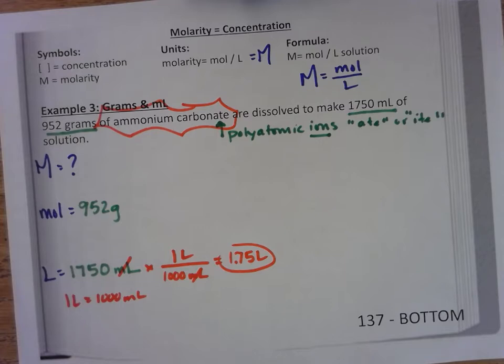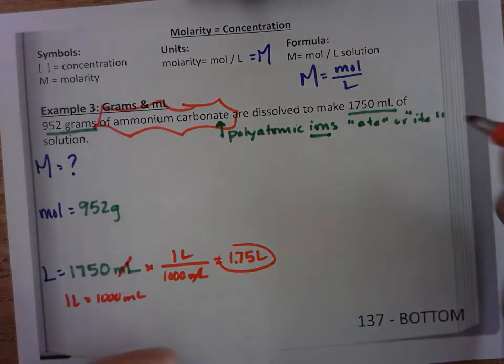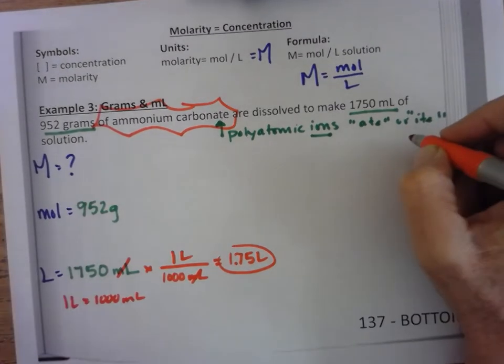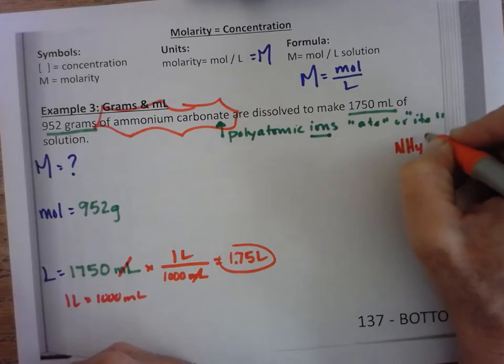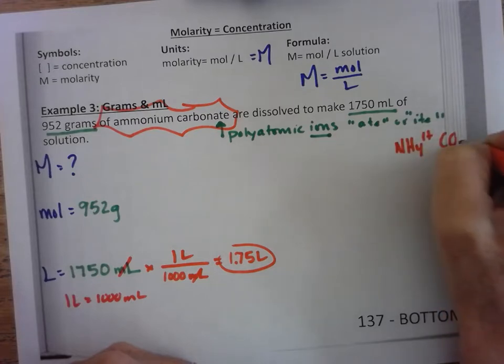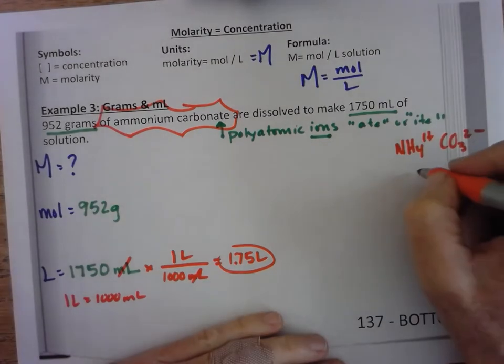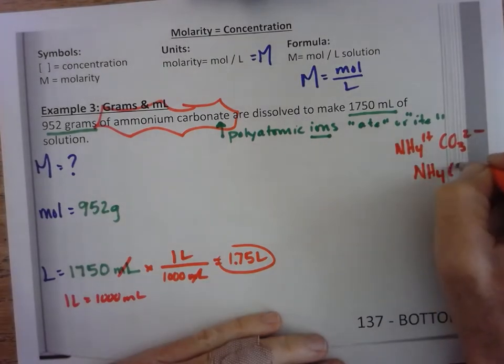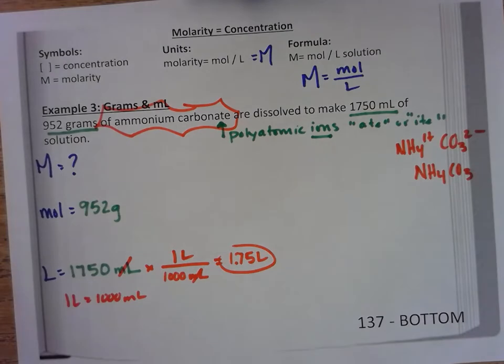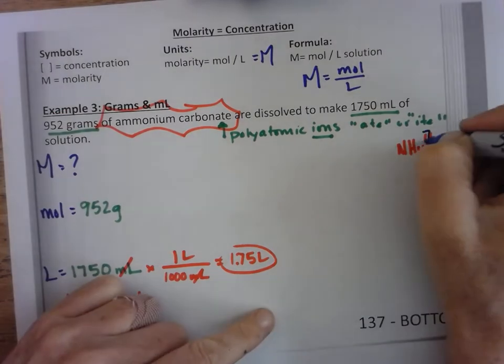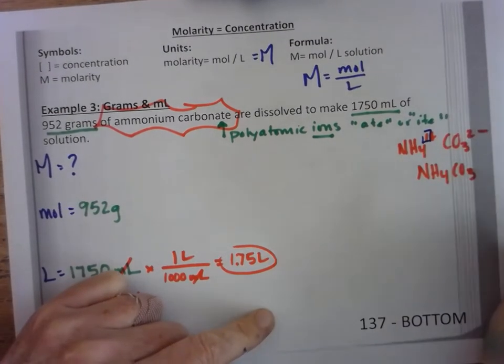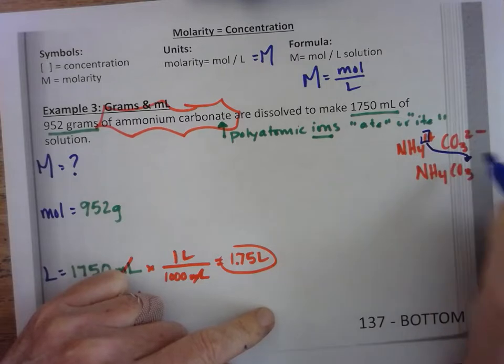I'm going to do symbol and charges over here. Ammonium is NH4, 1 plus, and carbonate is CO3, 2 minus. I'm going to rewrite these underneath. And I have to do crisscross. So this 1 is the digit of the charge. It becomes a subscript for the other ion.